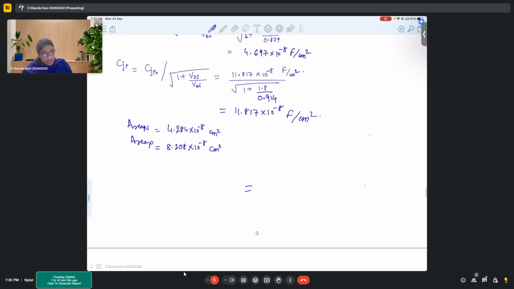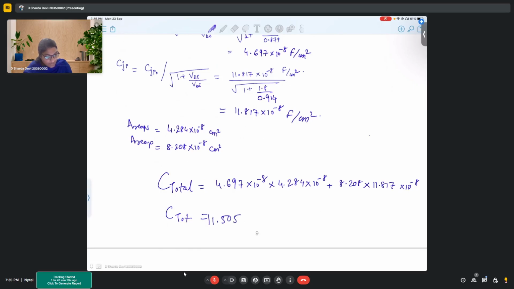By using these values, the C total comes out to be 11.505 femtofarads.